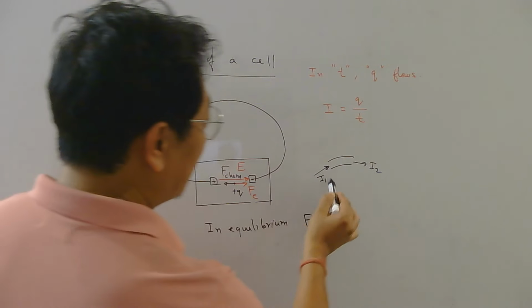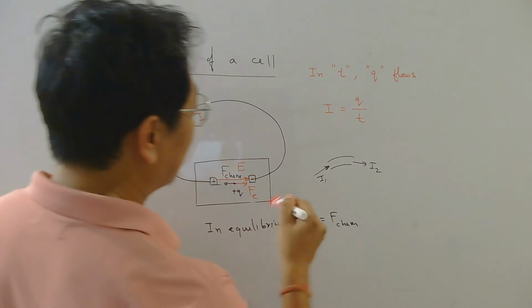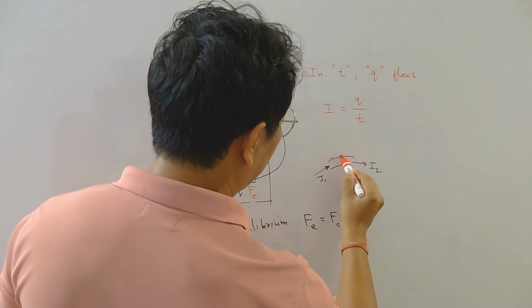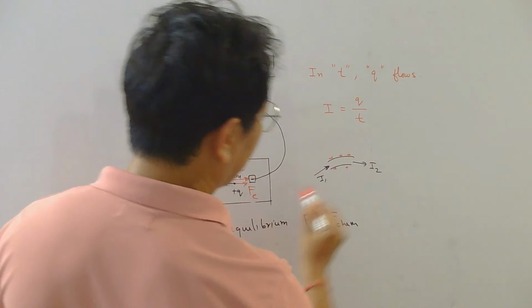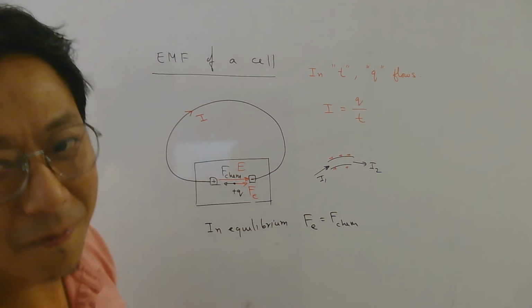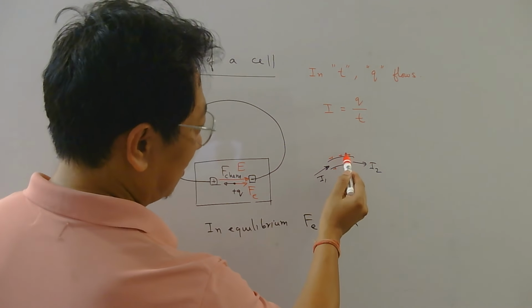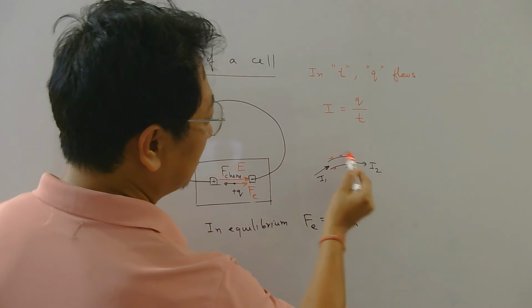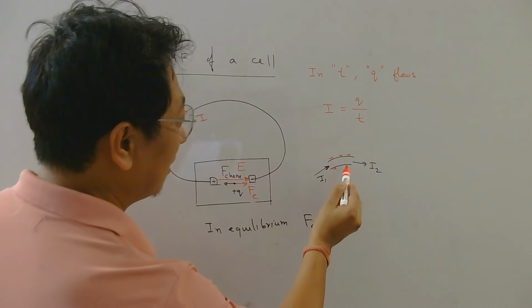Now if I1 is greater than I2, then some charges will be developed on the surface, positive or negative, that depends on the particular case. However, let's say for simplicity, here more positive charge is developed on the surface and here less.